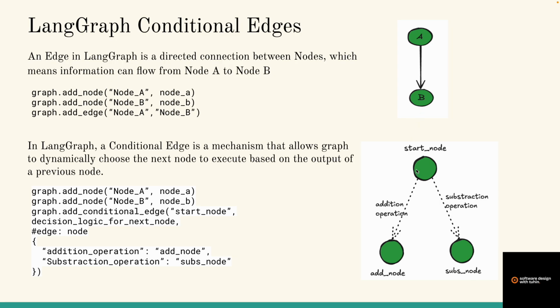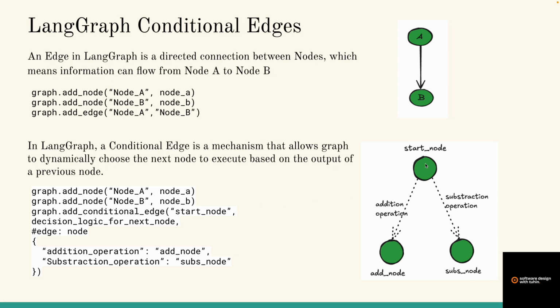So from the start node, based on some particular condition, it can go to either the addition node or the subtraction node. It is denoted as follows: first we need to add the nodes to the graph, similar to what we have done for normal edges, and then we need to add a conditional edge, and a conditional edge takes three parameters.